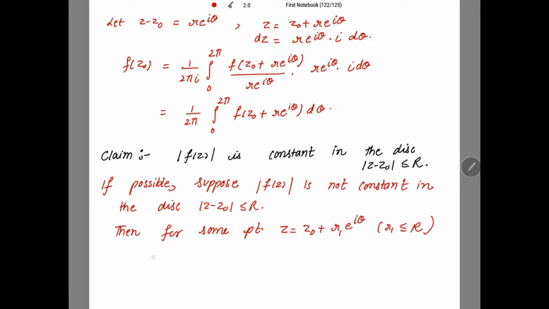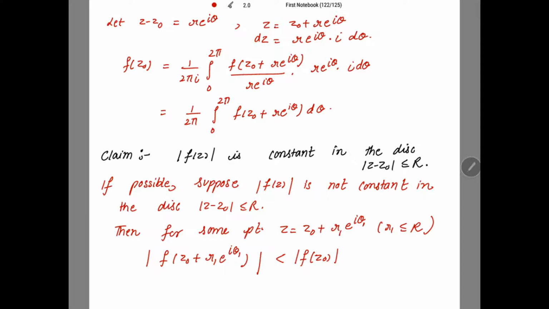For this point, can I have mod of f of z0 plus r1 e to the power iota theta1? Okay, the angle should also be different. This mod is strictly less than mod f at z0. Is this true?